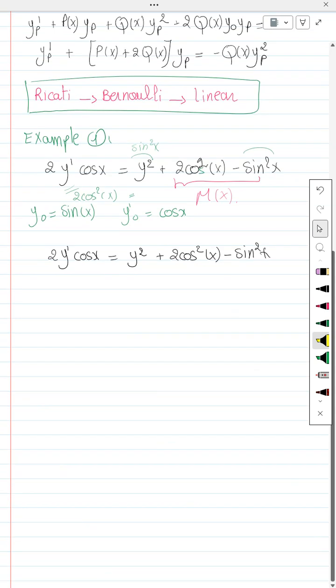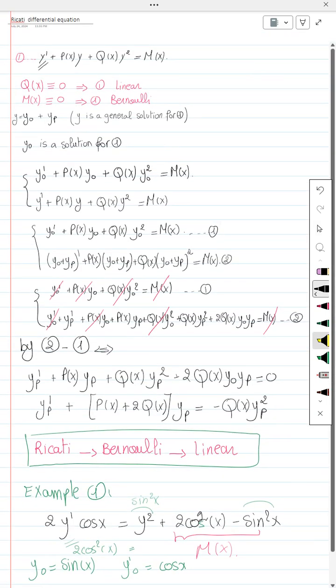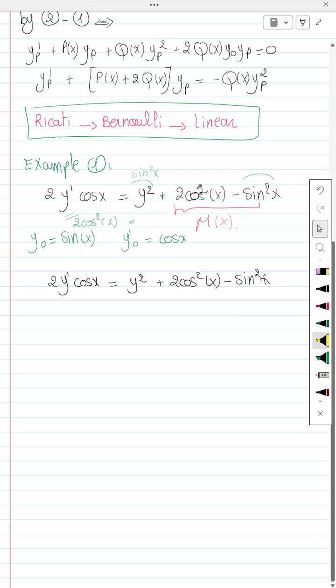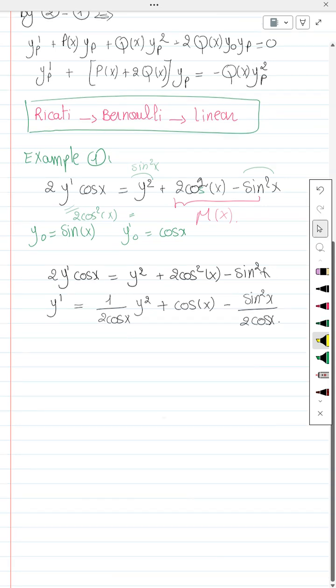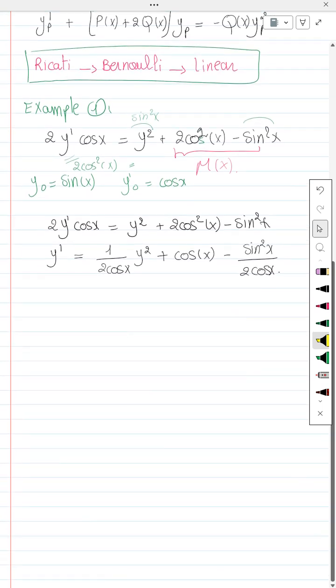Now we need to put y prime by itself, so we need to divide by 2 cosine x. It's going to be y' equals 1 over 2 cosine x times y squared plus (cosine x minus sine squared x) over 2 cosine x. As you can see, it is also a Riccati differential equation.